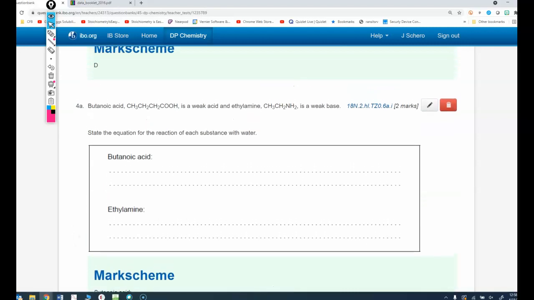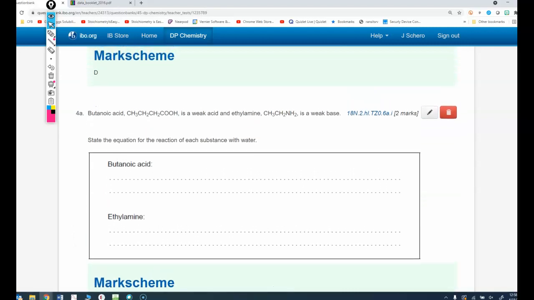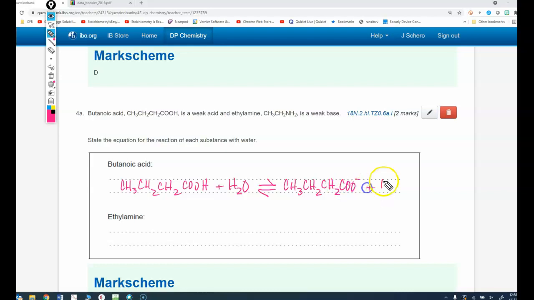Okay, this one says butanoic acid is a weak acid, and ethylamine is a weak base. State the equation for the reaction of each substance with water. So I'm going to have butanoic acid, CH3CH2CH2COOH, plus water, with an equilibrium, making CH3CH2CH2COO minus and the hydronium ion, H3O plus.